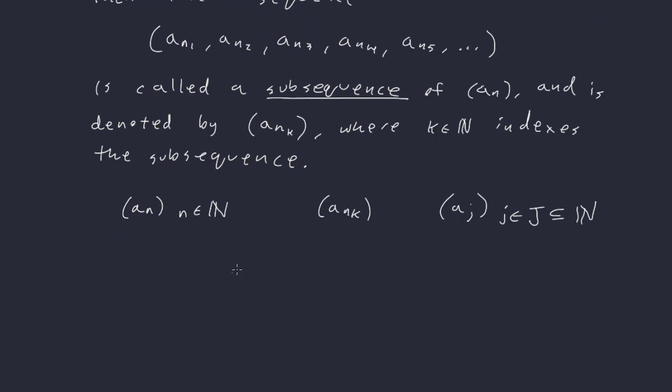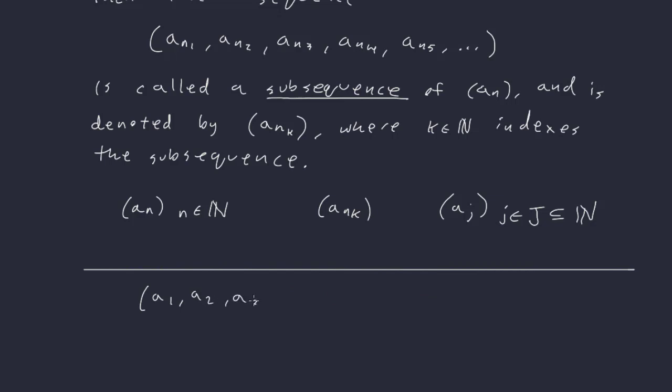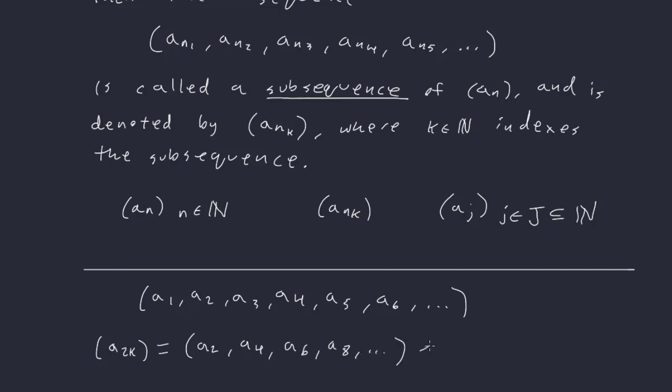Okay, I think the quickest example is if you have a sequence A1, A2, A3, A4, A5, A6, okay? And you just took the even terms, right? Just A2, A4, A6, A8, etc. This is a subsequence.